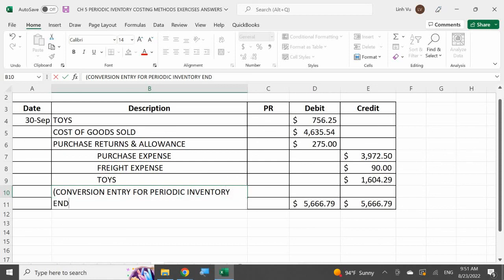All right. Ending balance was 750 toys. We sold 2,850 toys. And we returned 150 toys.